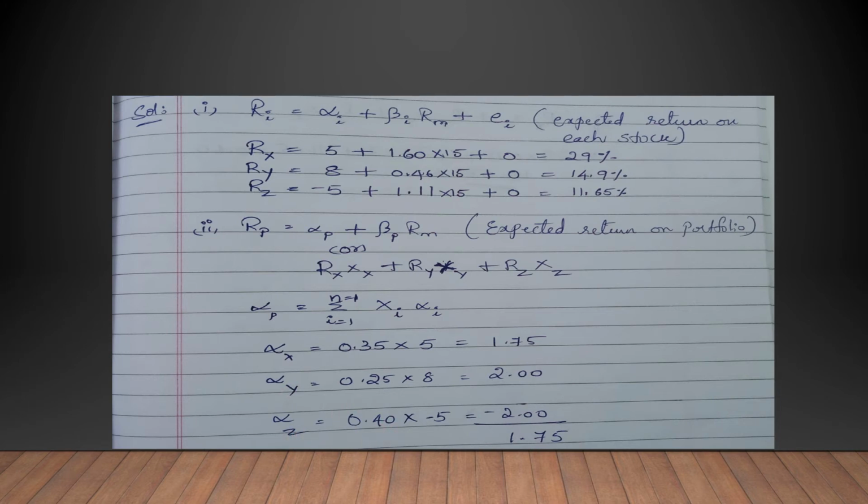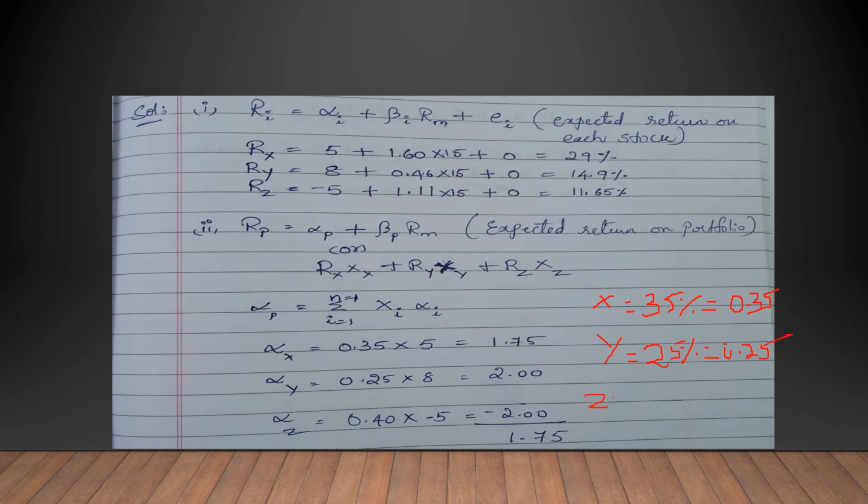So based on those values, x is given as 35. You can refer to the question. 35% means it is nothing but 0.35. In the same way, y is given as 25%. 25% means it is 0.25.